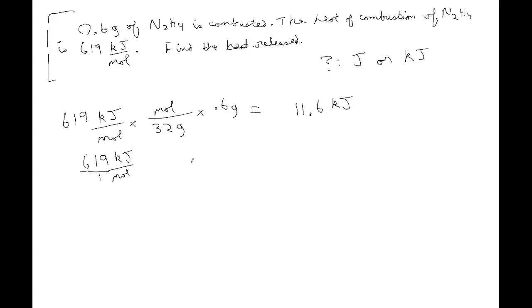In this problem, how can we figure out how many moles of N2H4 are being combusted? Oh, we just take the 0.6 grams and divide that by 32 grams to get the moles. How do I write that as a unit conversion?